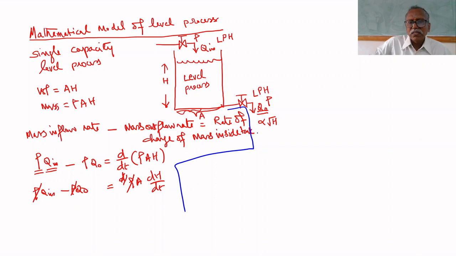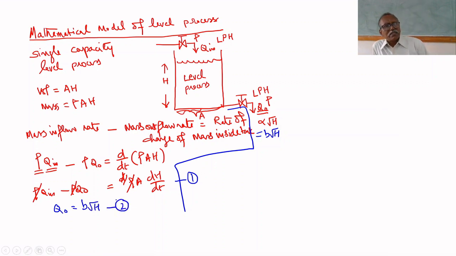Proportional to root H, that is equal to B root H, where B is the constant of proportionality. Therefore, this is equation 1. Another equation is Q naught equals B root H. This is the second equation. These two together represent the mathematical model of the level process.